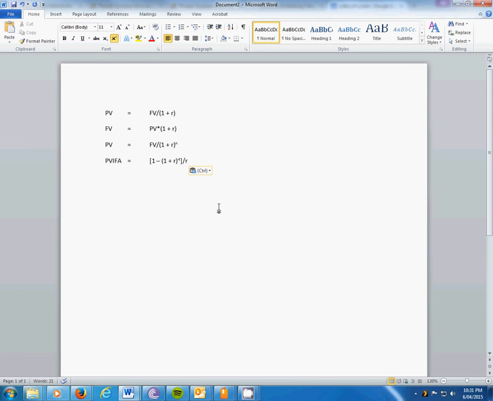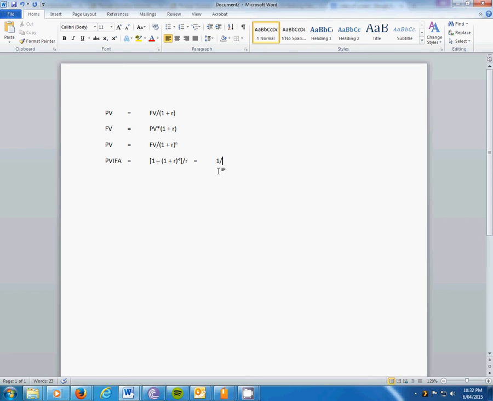You might miss some of these intricacies unless you're up to speed on your algebra. In this formula, 1 plus r to the power of minus t is the same as dividing by 1 plus r to the power of t. It's just the way we've represented it so that we can then divide it by r, but it has the same impact.